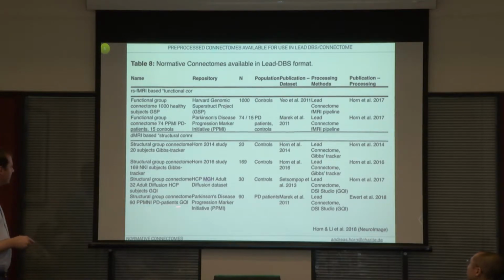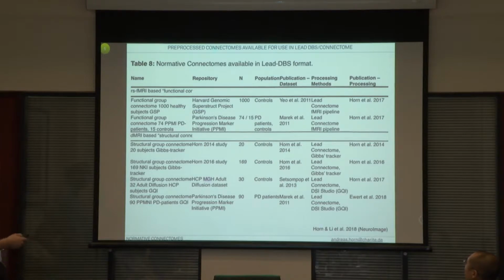And then we have PPMI, it's actually a mistake here, PPMI dataset, 90 PD patients, and we have functional data from these PPMI patients as well. And then for normative fMRI, we have healthy subjects and 1,000 controls.